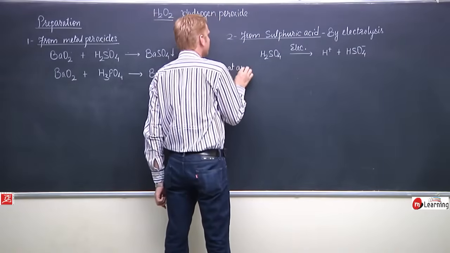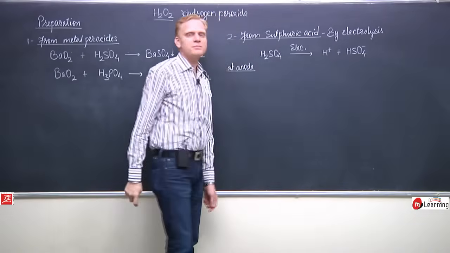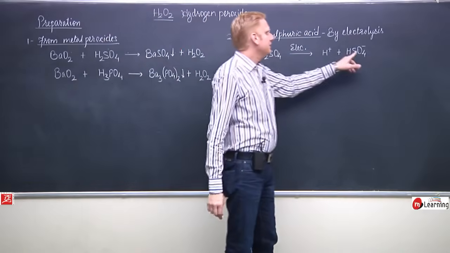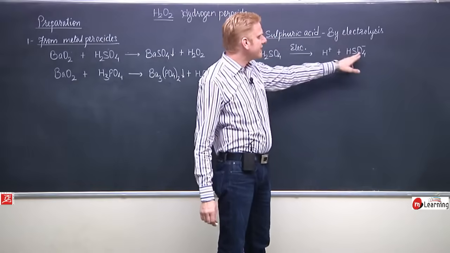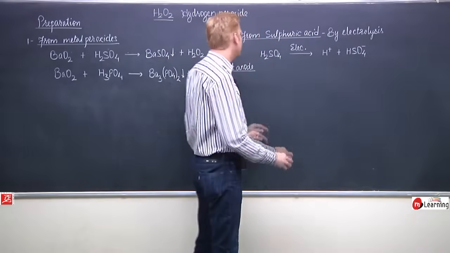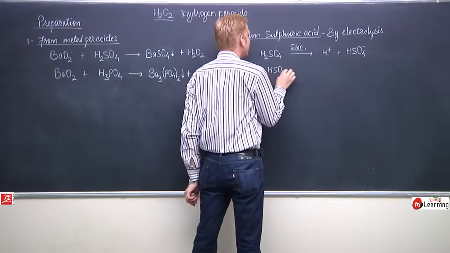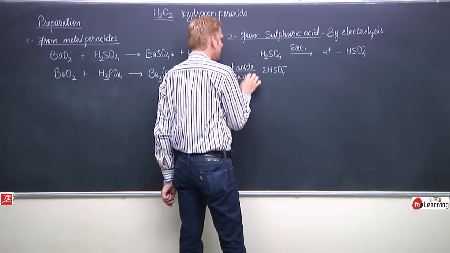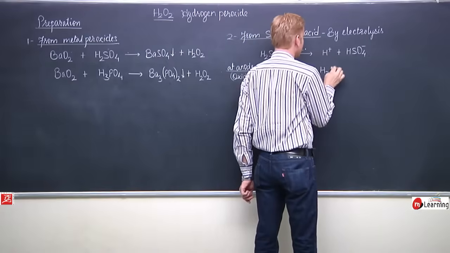At anode, in the electrolysis process, the anode is the positive electrode. So at anode, the movement of anions starts. Since the electrode is positive, the negative ion will move towards the anode, and at anode, this negative ion will lose an electron and the process of oxidation takes place.